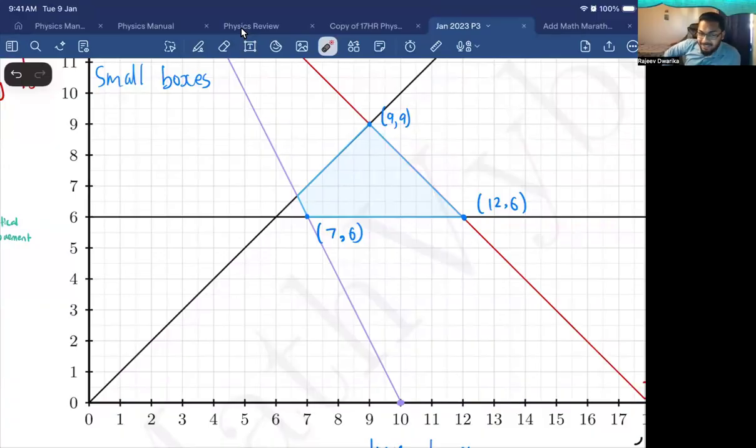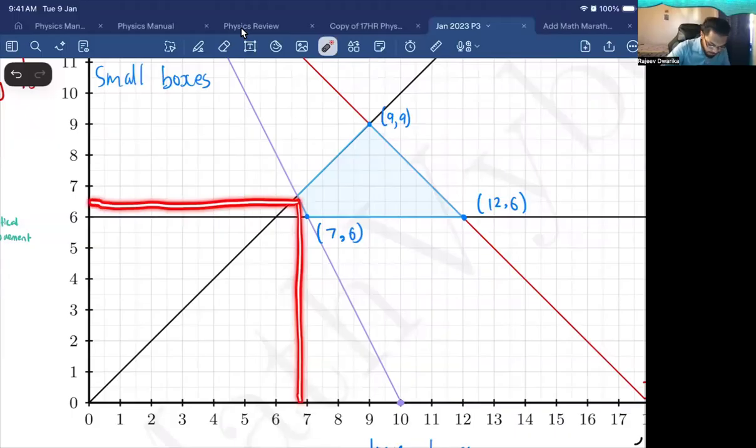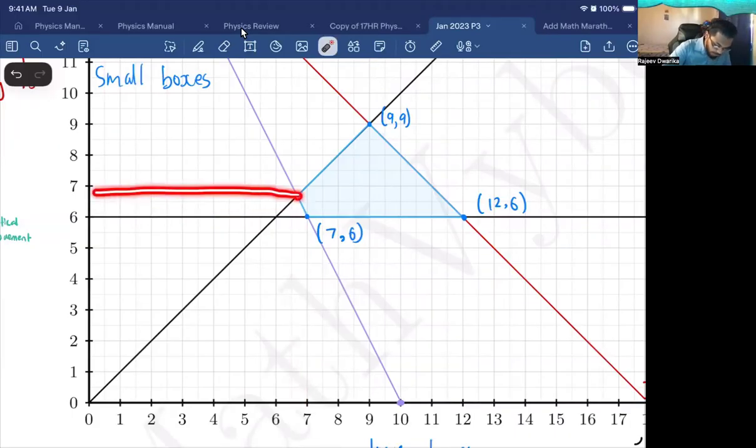Long story short, you can't have a fraction of a box. So we're not going to consider that point over there. Because if I read off that point, check it out, it's clearly a fraction.